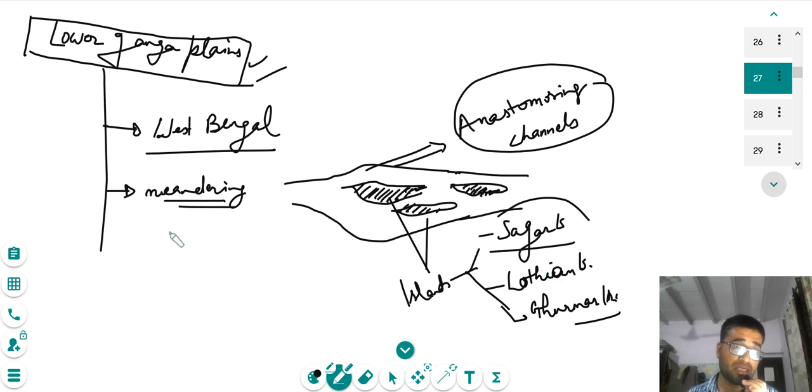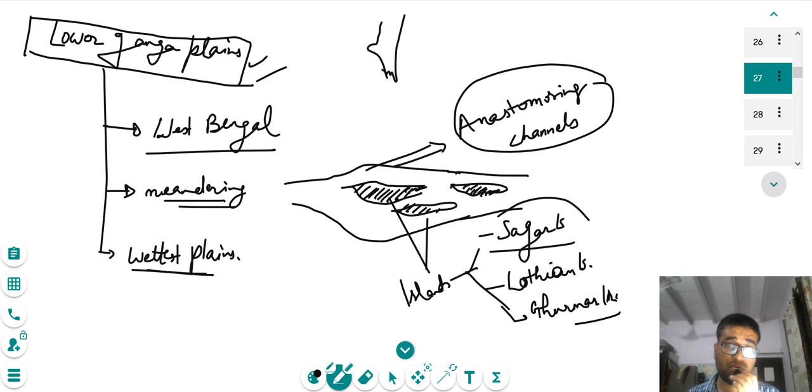Okay. And these are the wettest plains, right? And again, if you move westward, for example, this is West Bengal, if you move westward in this direction, in this area, these plains are the older alluvium, right?